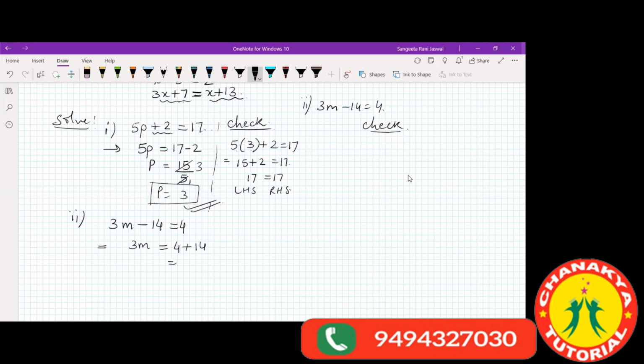This is my first step: to take all the constant terms on the other side and keep the variable on one side. So this is 18. Now 3 is again multiplying with m here. When it goes on the other side, it will become divide. So 3 into 6 will give 18. Okay, so value of m is 6. Right, children?